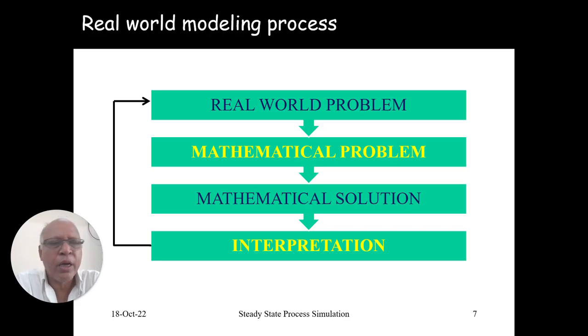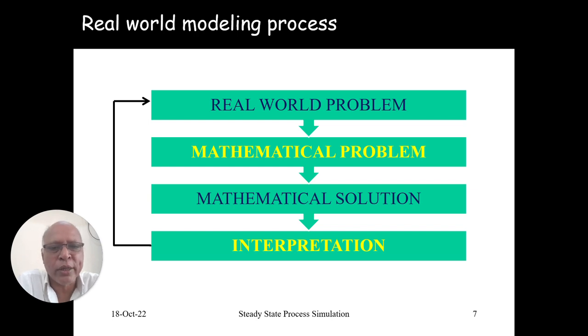Now remember, when I try to do this, it may result in one mathematical equation, or maybe a number of mathematical equations of different forms. Some of them can be linear, some of them can be non-linear, some of them may be differential equations, some of them may even be partial differential equations. So when you solve such a set of mathematical equations, you will be in a position to identify, for a given temperature, what the exit conversion is.